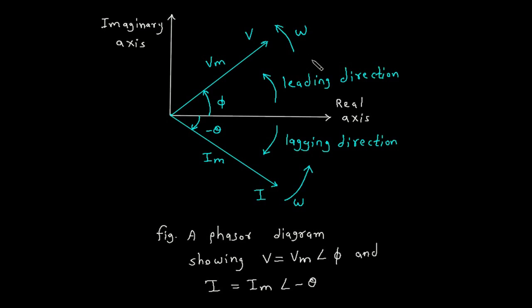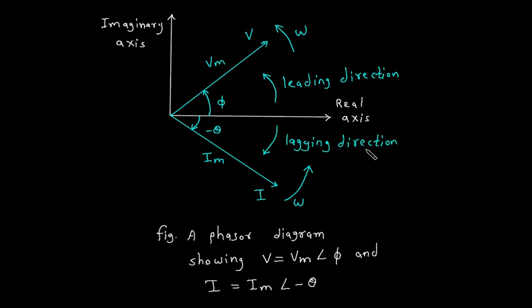Now as we know, the phasor rotates in the counterclockwise or anti-clockwise direction. So this direction is called the leading direction, and if it is rotating in this direction, it is called the lagging direction. So this is a leading direction and this is a lagging direction.